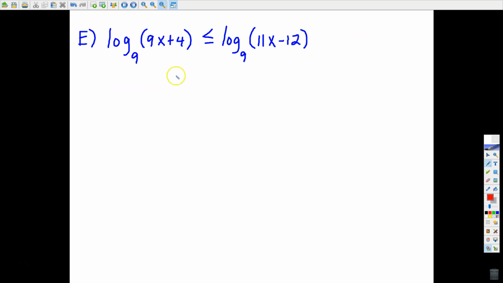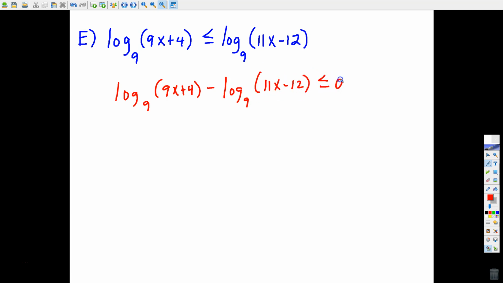All right, I think I got one more, so this will wrap it up. So once again, put your log expressions on the same side. So that looks like this: log base 9 of 9x plus 4 minus log base 9 of 11x minus 12 less than or equal to 0.